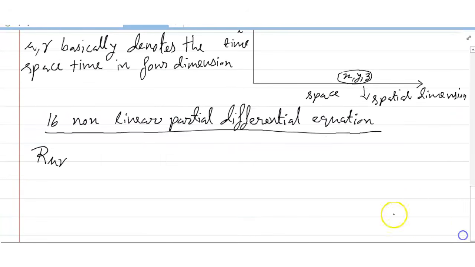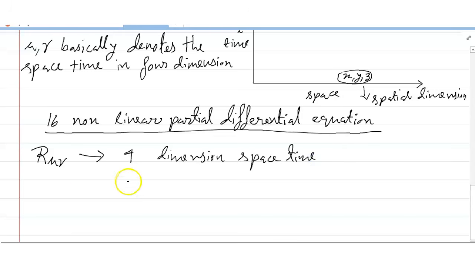So R mu nu is the dimension. How many dimensions? 4 dimensions, 4-dimensional space-time. G mu nu is also 4 dimensions.